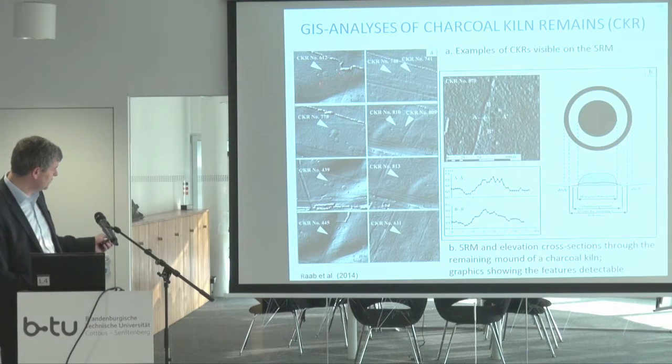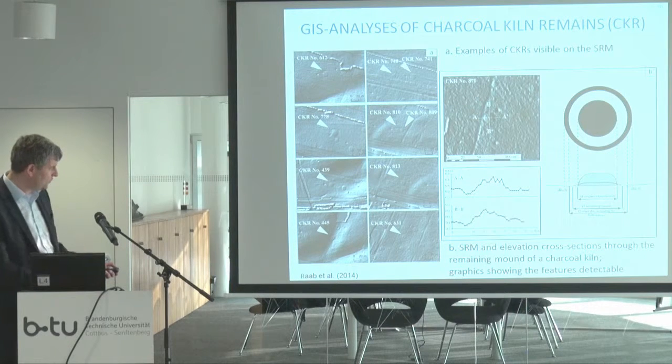An interesting feature of these charcoal kiln remains is that, due to the construction, this was the shape of the charcoal kiln once it was built. Then they took out the charcoal, and what remained is a little mound here and a little ditch surrounding this charcoal kiln remain.